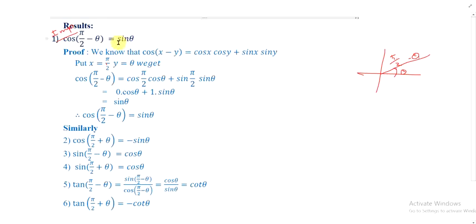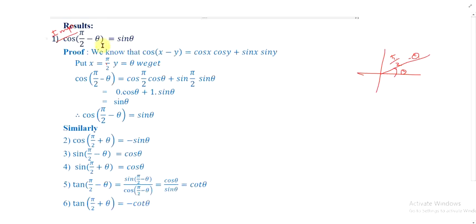Only listen carefully, observe the results one by one, and then you will easily understand that if we add theta to or subtract theta from pi by 2, then cos reduces to sine, sine reduces to cos. Again, here tan reduces to cot and cot reduces to tan.